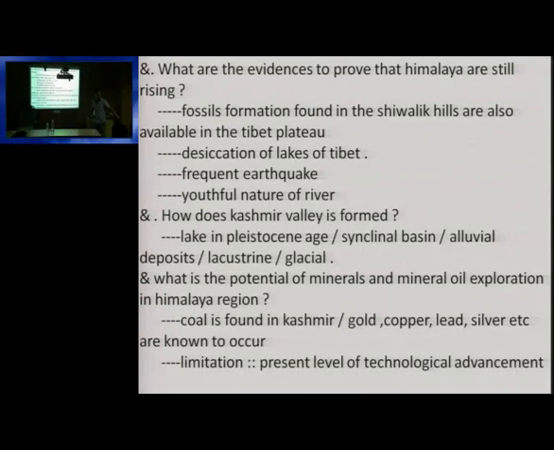On the other hand, peninsular rivers are very old rivers. How was the Kashmir Valley formed? Very simple. In the Pleistocene age, the last ice age, it was a synclinal basin. See, this is anticlinal, the upper part, and the lower part is called syncline. So Kashmir was like this.